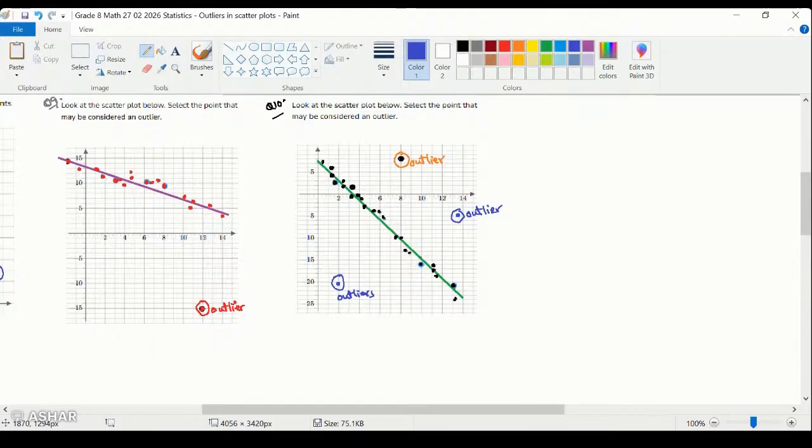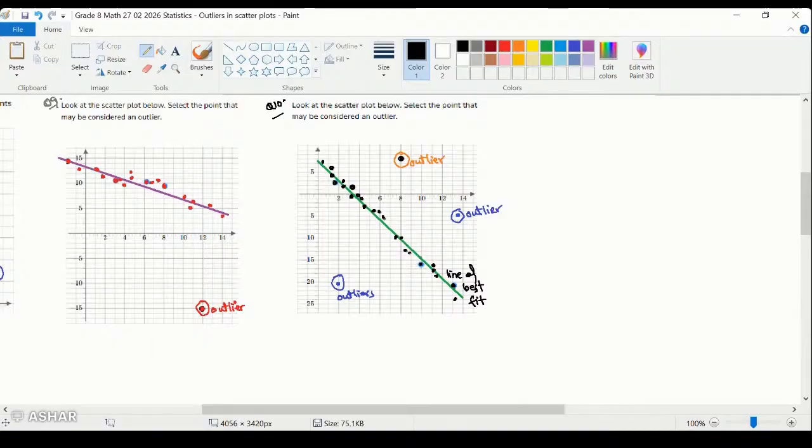Okay, we are given several points. We draw a line of best fit. When we draw the line of best fit, the points that are very near the line of best fit would be acceptable points, but the points which are far away from the line of best fit would always be outliers.